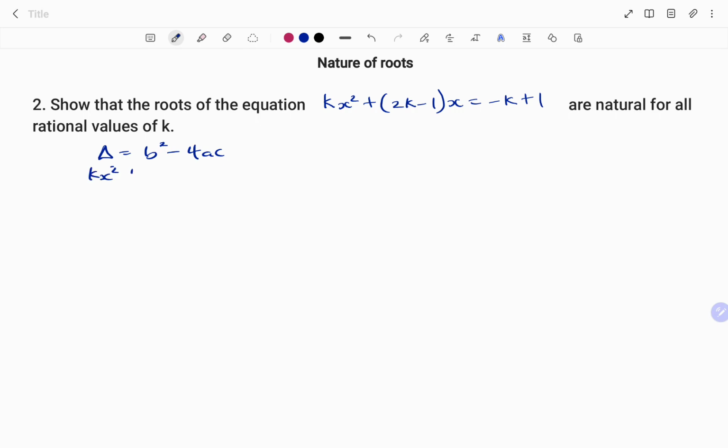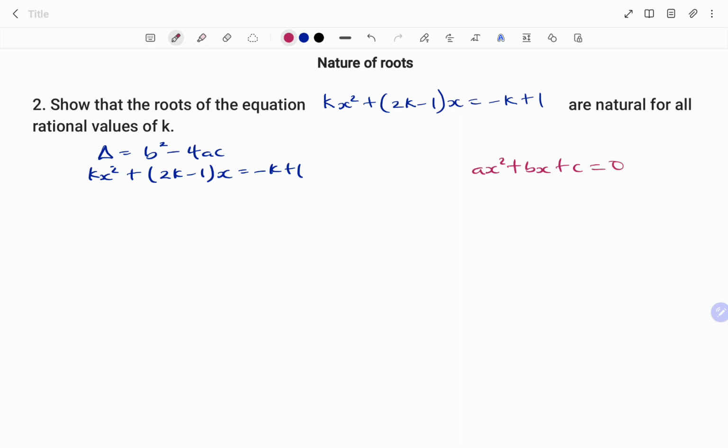We need to rewrite our equation to look like the standard quadratic equation, which is ax squared plus bx plus c equals 0.